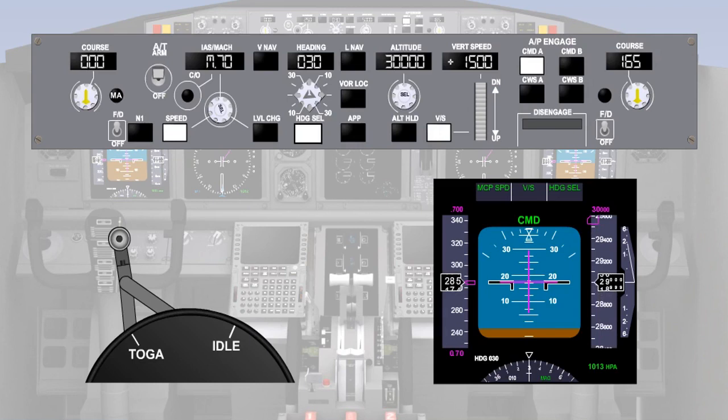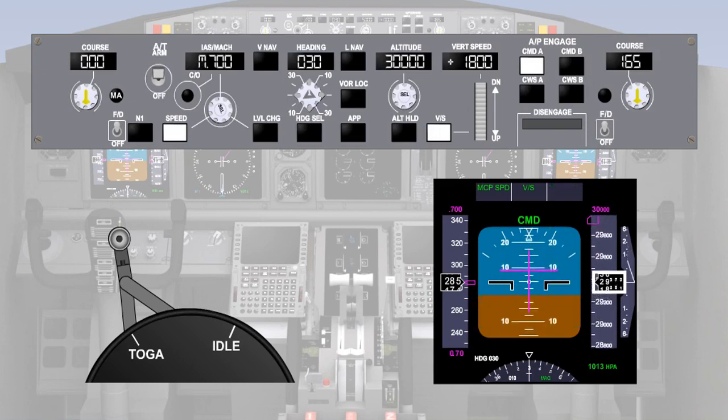As the aircraft approaches the target altitude, the altitude alert system will alert the pilot with visual and oral indications. Shortly afterwards, the autopilot has to reduce the vertical speed of the aircraft to capture the target altitude.